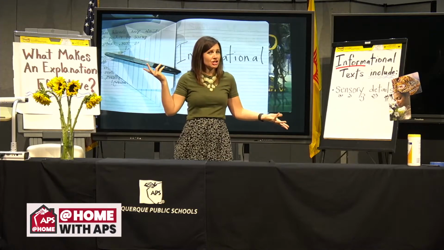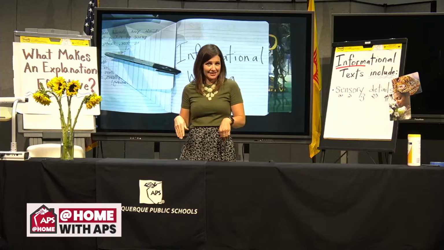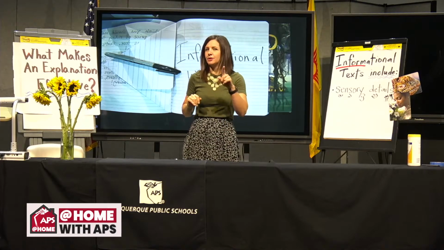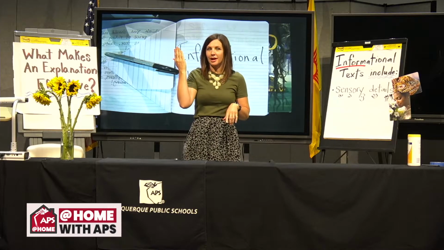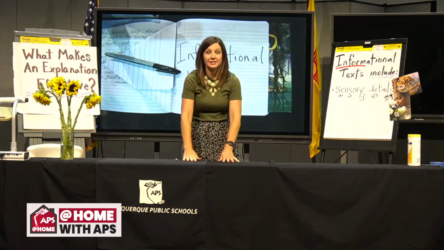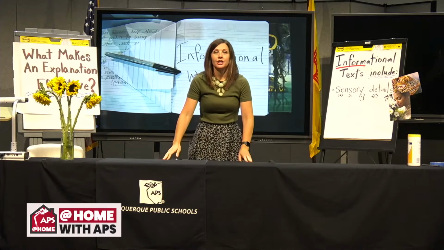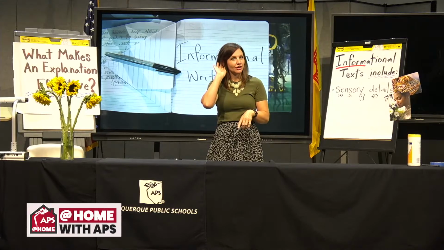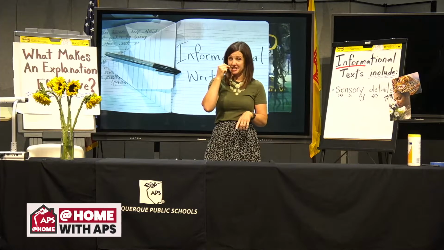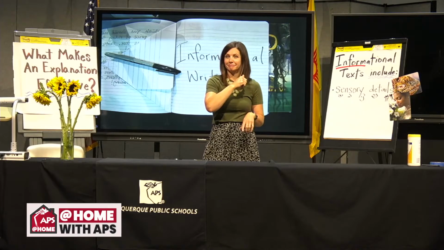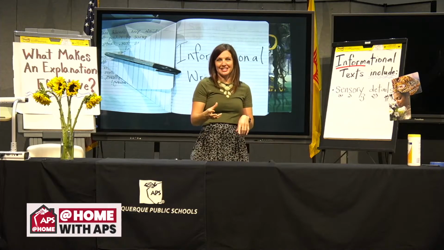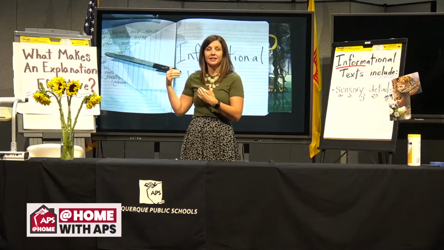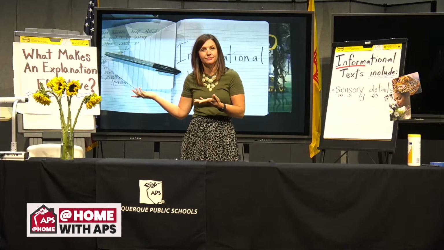Sensory details are just using your senses. You have 5 main senses. Your sense of smell, your sense of touch, your sense of sight, hearing, and taste. We have 5 senses, and those senses help us explain information to others.